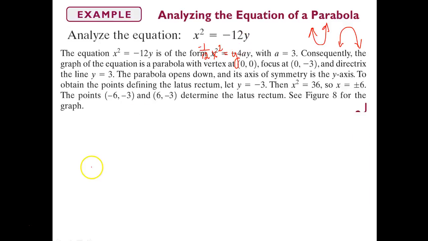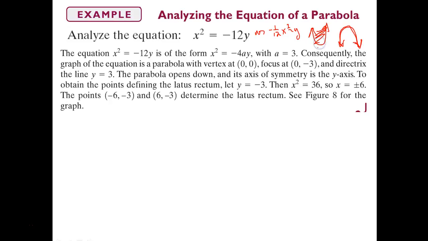So I know that I am looking at an equation that is going to be in the form of the negative 4a. I know that 4a needs to be negative because if I rewrite it to the way that I'm used to looking at it, I have a negative 1/12 x squared equal to y, so I know that it's opening down, so I know it's this one.